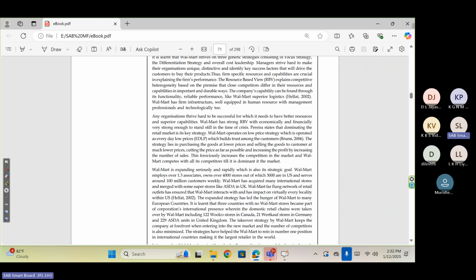Walmart has a strong resource-based view, being economically and financially strong enough to stand still in the time of crisis. Right. One author, Pereira, states that dominating the retail market is its key strategy. Walmart operates on a low price strategy, which is operated as everyday low prices. That's a logo, which builds trust among the customers. Right.